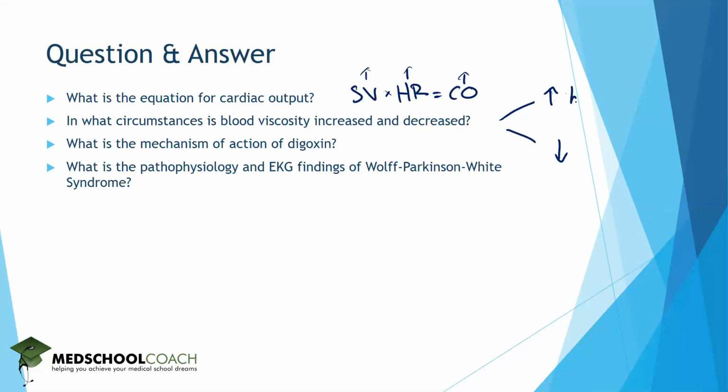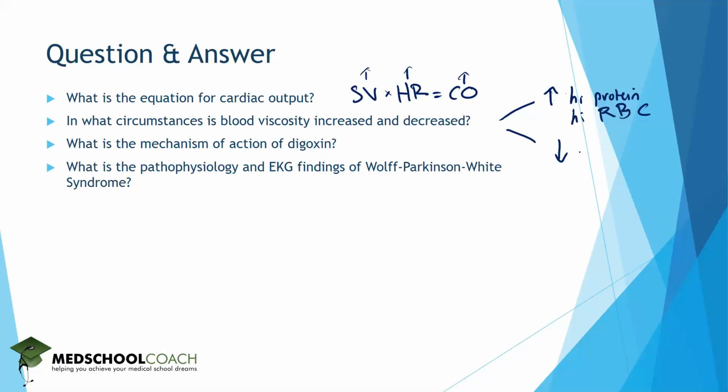So high protein states. Okay. Anything else you can think of? I'm not sure. So you can also have high red blood cell states. Okay. So anything like polycythemia is going to be very viscous. So like you said, protein and red blood cells will both increase viscosity.